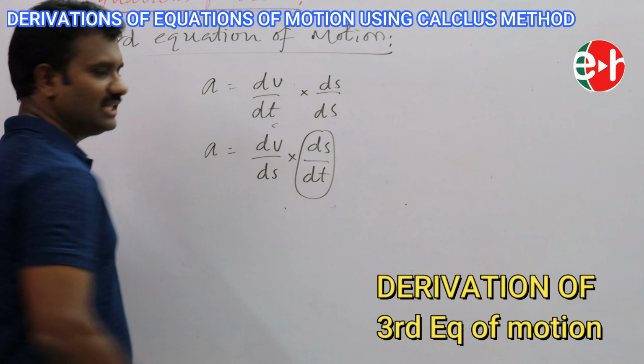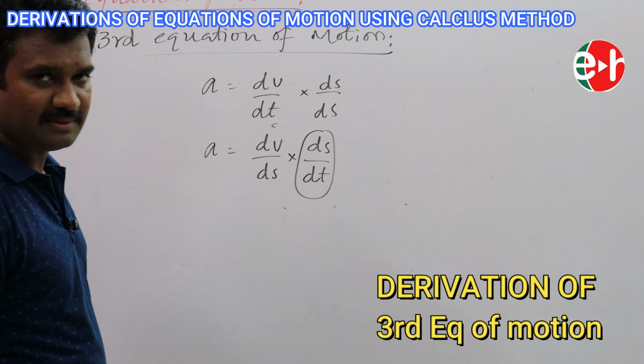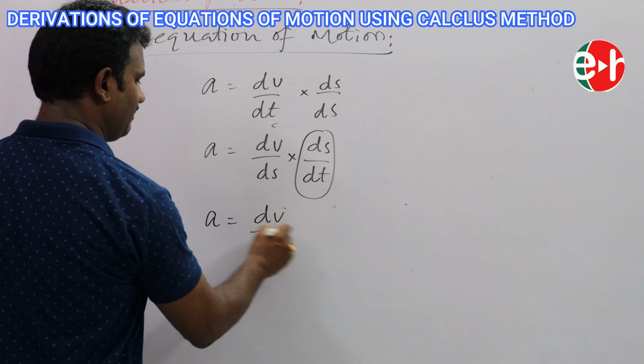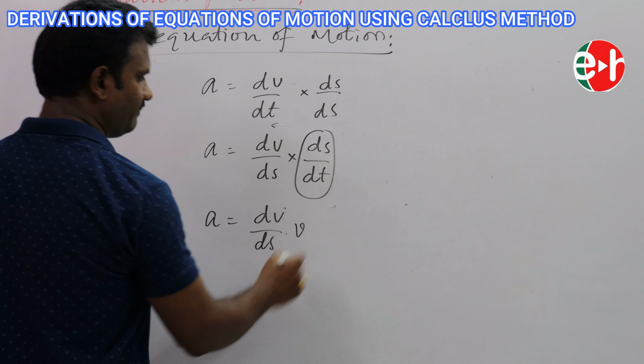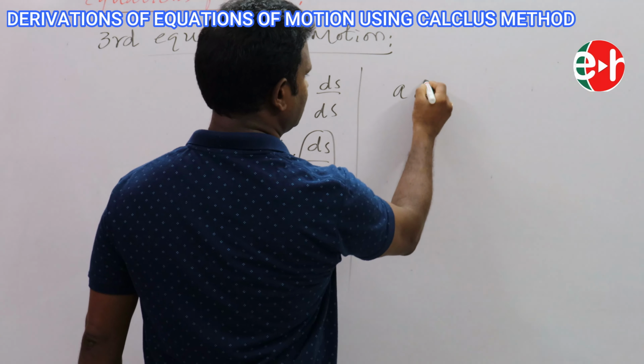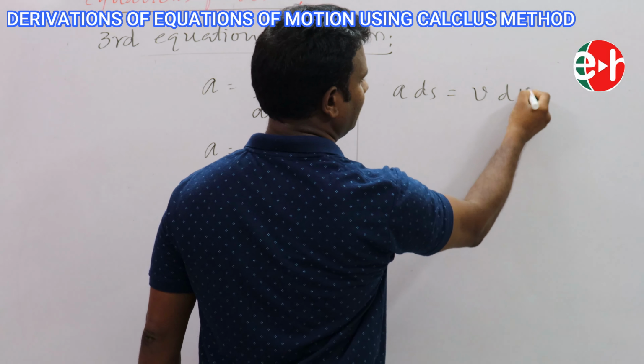Our ds by dt is nothing but the rate of change of position, or the rate of change of displacement, which is nothing but velocity. I can write this as a is equal to dv by ds into v. By rearranging these terms and cross multiplying, a into ds is equal to v into dv.